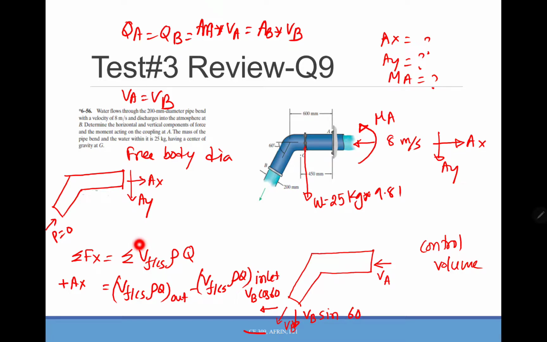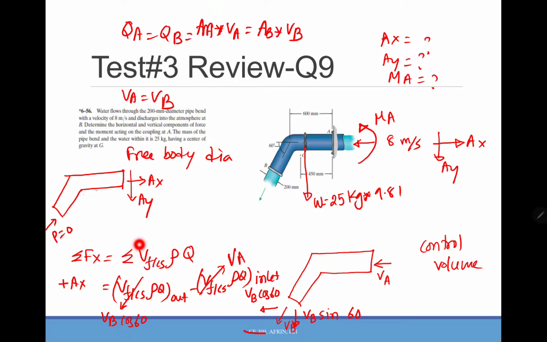Now VFCS is obviously in the x direction here, so you need to calculate the V for inlet. You already have the VA. For outlet, you need to take VB cosine 60. Okay, and that Q in and Q out are exactly the same, you know that, so you can calculate AX. In similar fashion you can calculate AY.